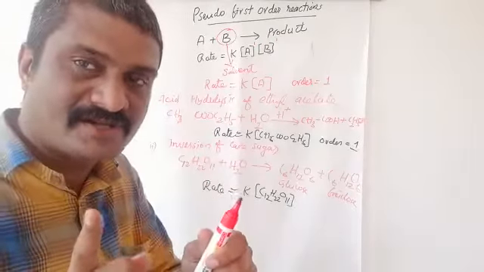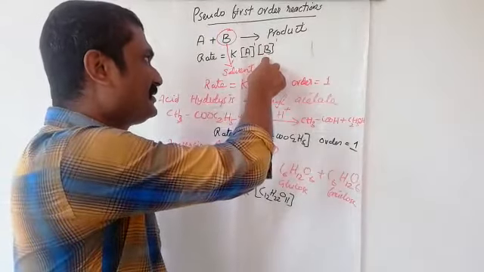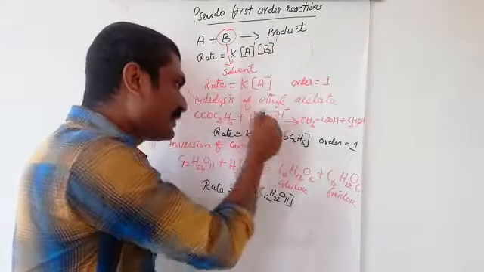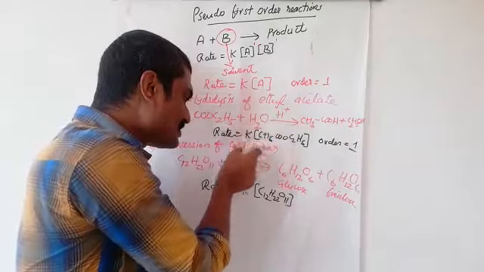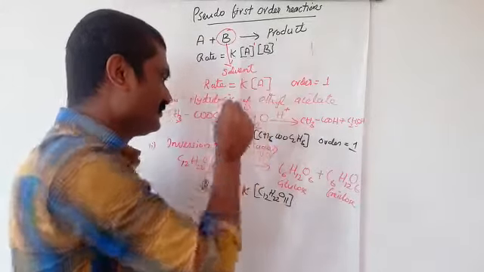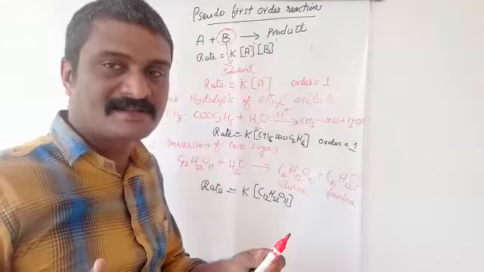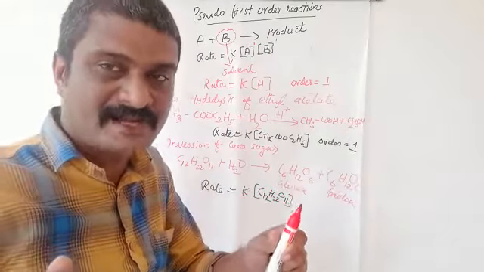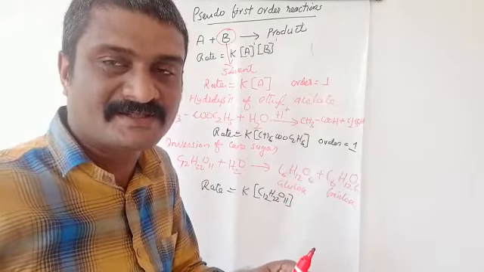The main reason is that if one of the reactants, in the general case the reactant B, and in the examples water, is present in large excess, the concentration of that reactant almost remains unchanged.